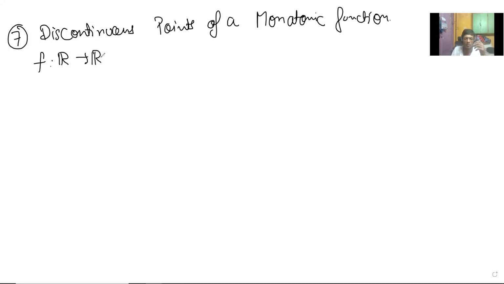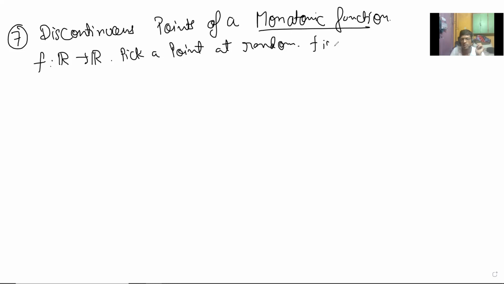So f from R to R, and pick a point at random. This f is monotonic. f is almost surely continuous at the chosen point.